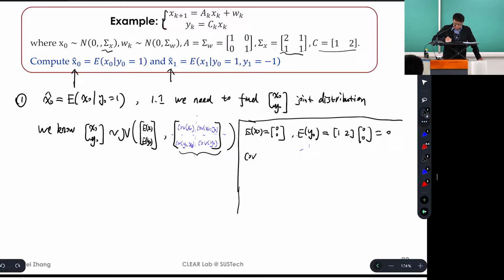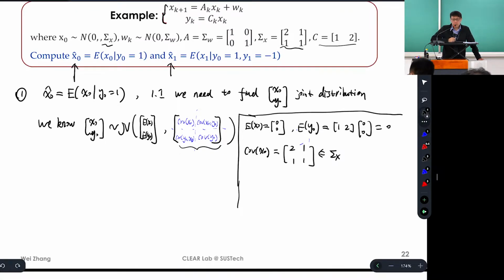Now let's look at the covariance of X0, which is sigma x, so it's 2, 1, 1, 1, as given in the problem statement. By the way, some students ask why the covariance matrix has this structure. How do you prove it?